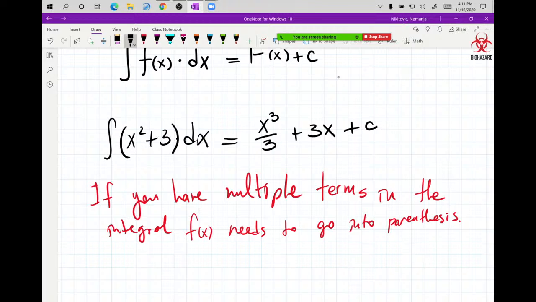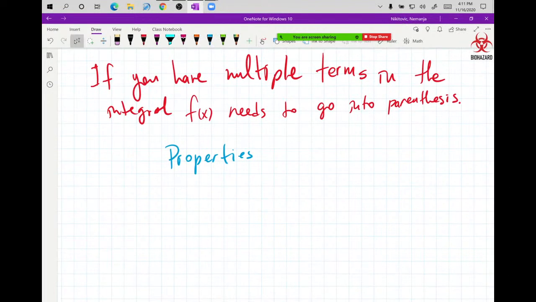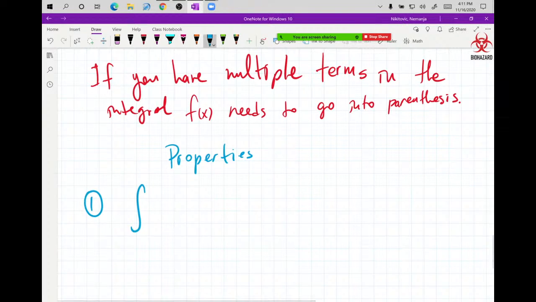Okay, now let's write those properties. Number one property is linearity. So if you have the integral of f plus g, now remember, I have two of these functions.